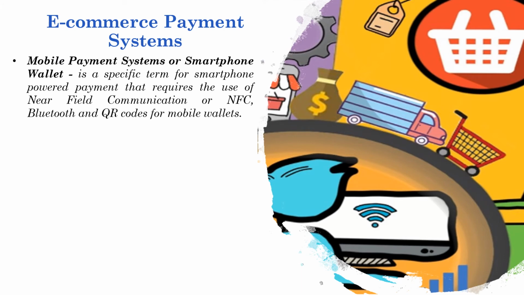Mobile payment is a specific term for smartphone-powered payment that requires the use of near-field communications, or NFC, Bluetooth and QR codes for mobile wallets. The digital wallet tends to apply to online services, while for smartphones the emphasis is on the e-wallet and mobile wallets.